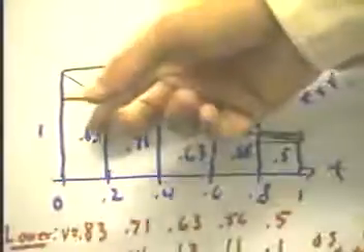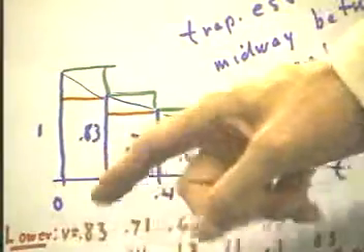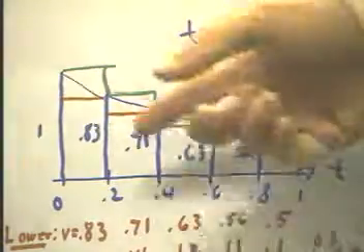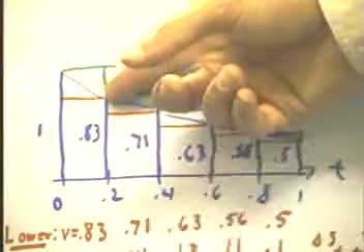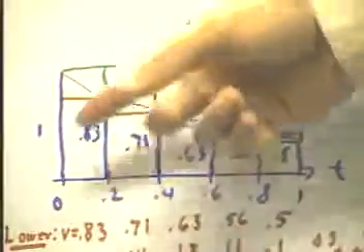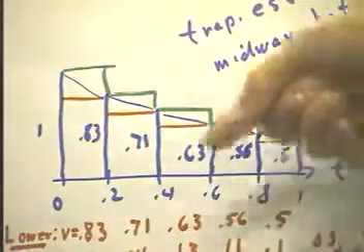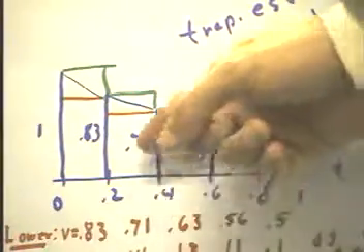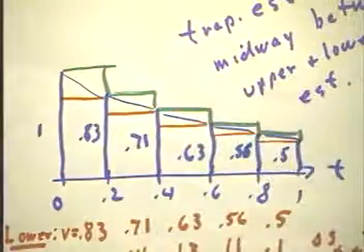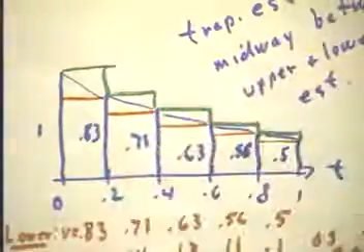We multiply our minimum altitude by the time interval. So in this case we have 0.83 meters per minute times 0.2 minutes. On the second interval, 0.71 meters per minute times the 0.2 minutes, and so forth, and we get lower estimates.